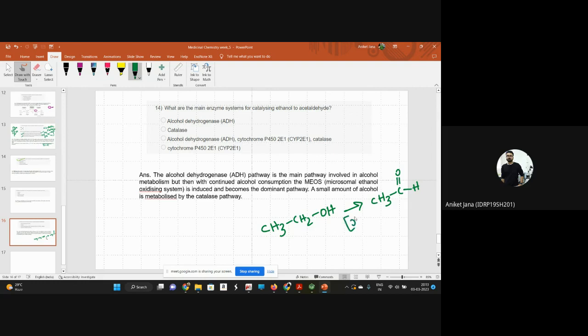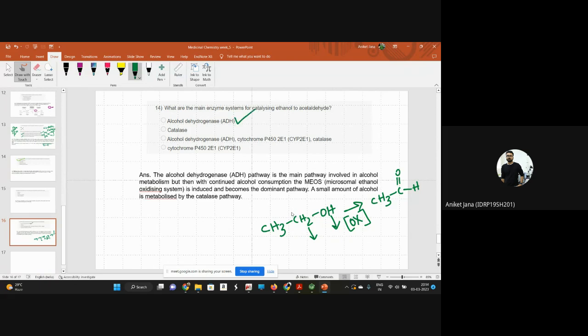How is it oxidation? Here hydrogen is eliminated, and a C double bond O is forming here. So elimination of hydrogen, as we know, is an oxidation process. And the main enzyme in this process is alcohol dehydrogenase, ADH.